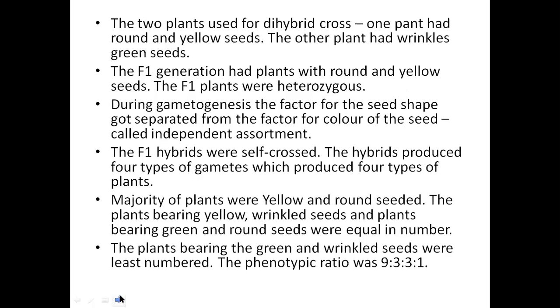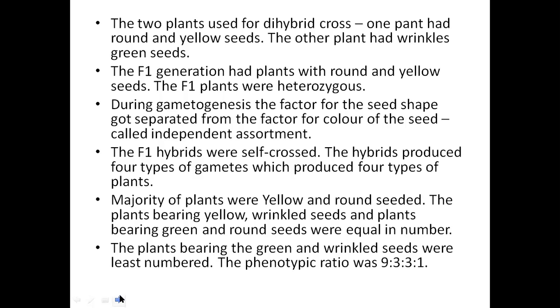To propose this, Mendel conducted experiments on pea plants. The two parental plants selected were plants with round and yellow seeds, and plants with wrinkled and green seeds. After crossing these parental plants, in the F1 generation Mendel obtained plants with round and yellow seeds. That means the dominant varieties were yellow in color and round in shape.